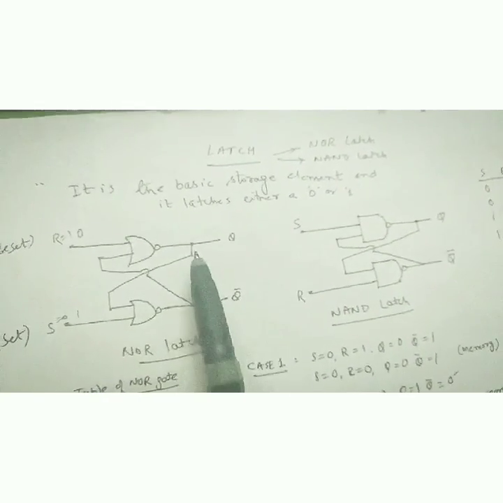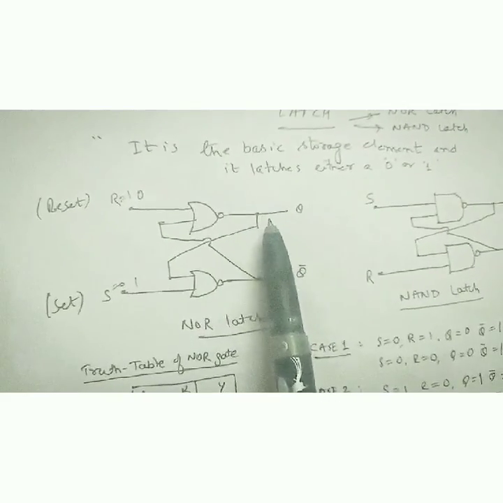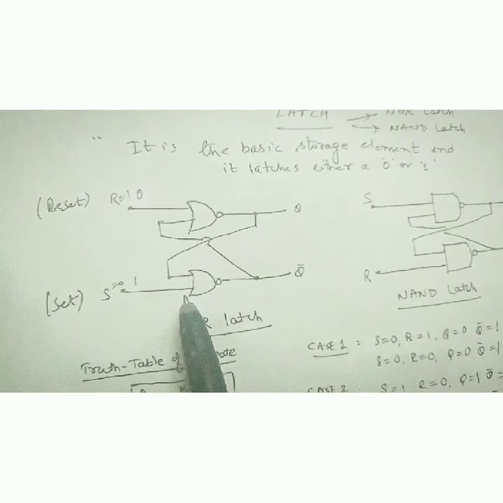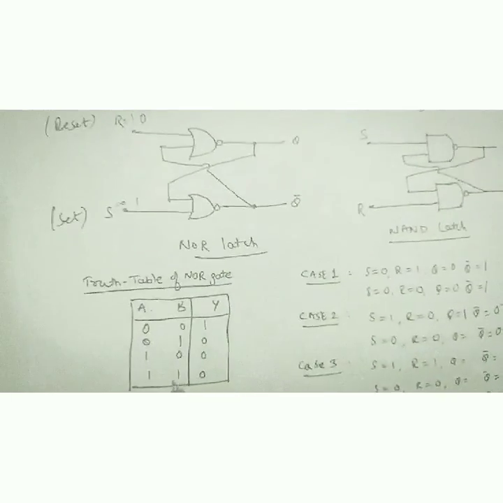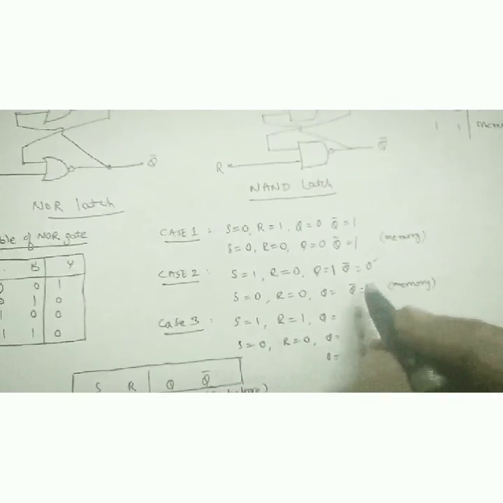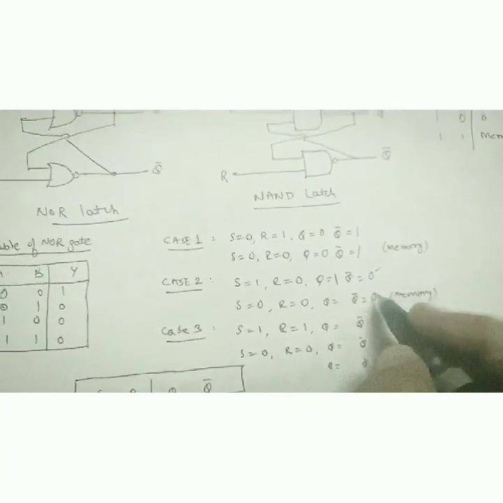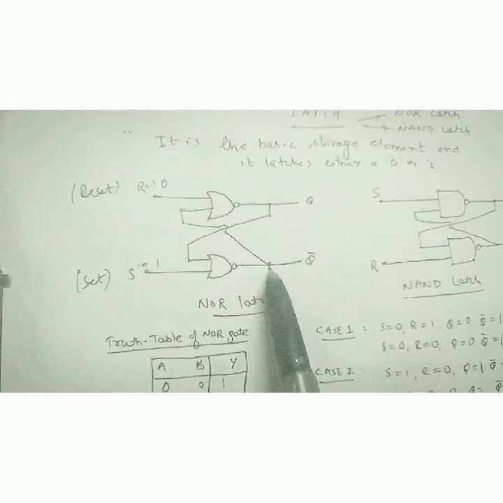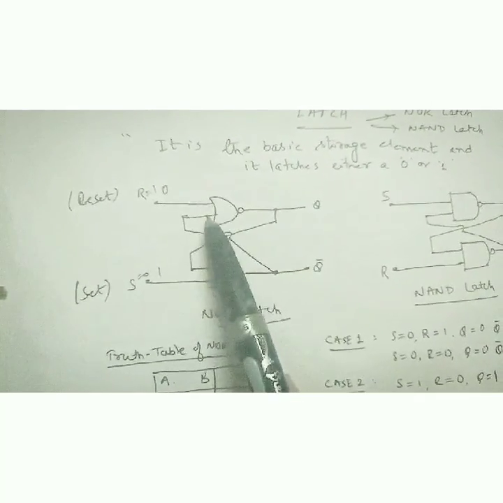Now in this case, as you can see, we are having Q as 1, so here you are getting 1. This is 0, and we know that the output will be 0, so Q bar we are getting 0. Let me write over here Q bar as 0. So this 0 over here, we are getting 0.